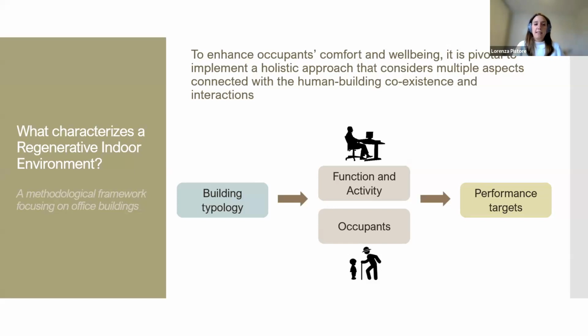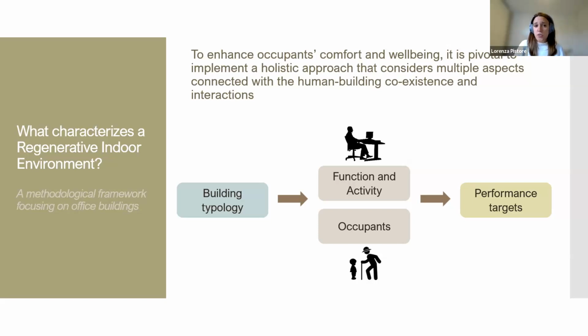So once we know the building typology, in this case, office buildings, the second step is knowing the actual function of the building and the different types of activities that we need to perform inside that building. Another key aspect is knowing the occupants' target, because of course, in different buildings, we could have a different type of occupants, and sometimes we could have also very sensitive types of occupants.